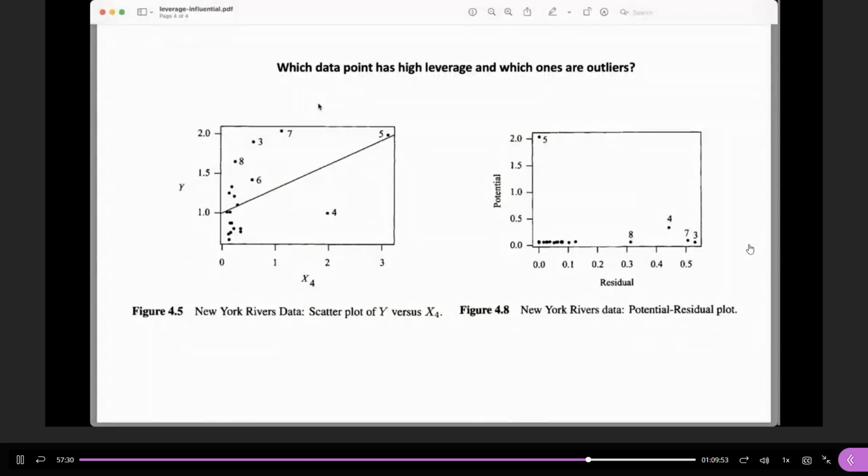Okay, this one. So this is the New York River data, the data actually included in the book. On the left, you see Y versus X4. X4 is one of the predictors. We don't care about the others. It's your scatter plot, and also has a regression line here. From here, can you tell which point has high leverage and which one is an outlier? Which one is highly influential?